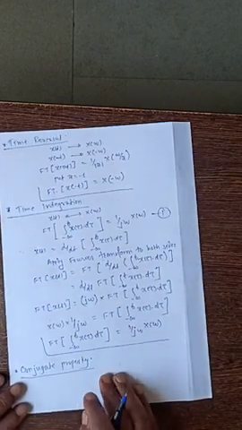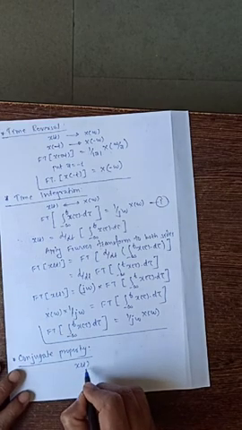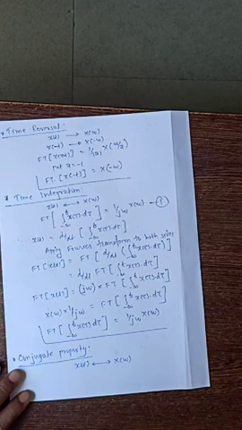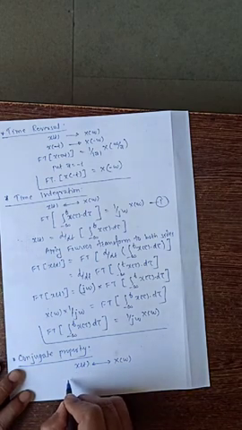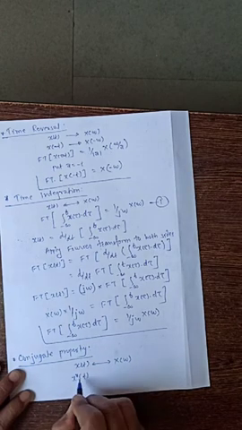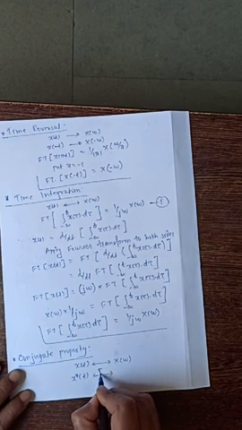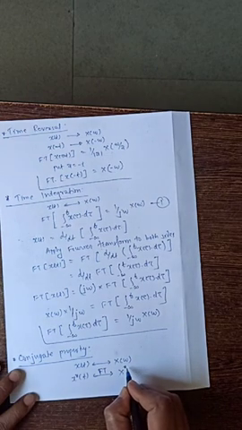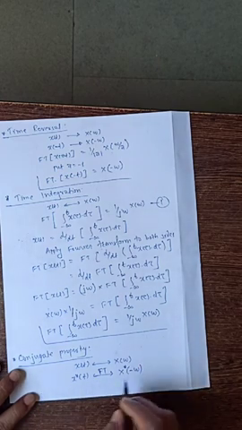What this property says: x(t), if you take its Fourier transform, is equal to X(omega). Then if you take the complex conjugate of x(t), so x star (t), and take its Fourier transform, this is equal to X star (minus omega). So this is left to you.